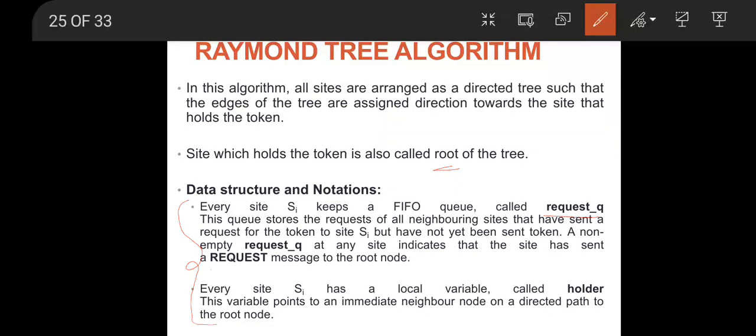One is that every site will be maintaining a request queue wherein any request message, its own or another site's, will be entered, and every site will be maintaining a holder variable that is going to give direction towards the site currently having the token.